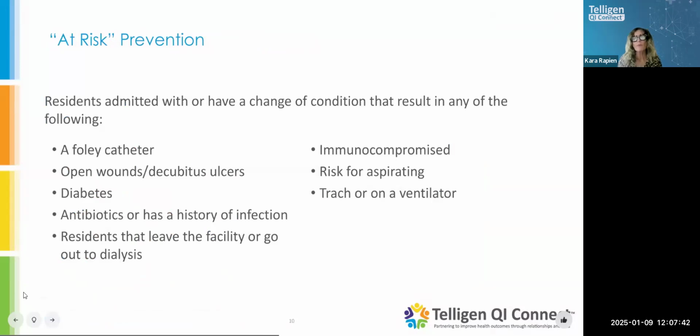Part of infection control prevention is identifying those residents who are at risk before they get sick and possibly sent out. So right now, if you think about it, are you currently prioritizing and identifying those residents who are at risk?